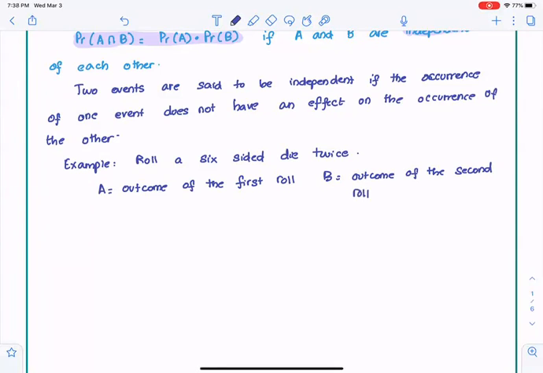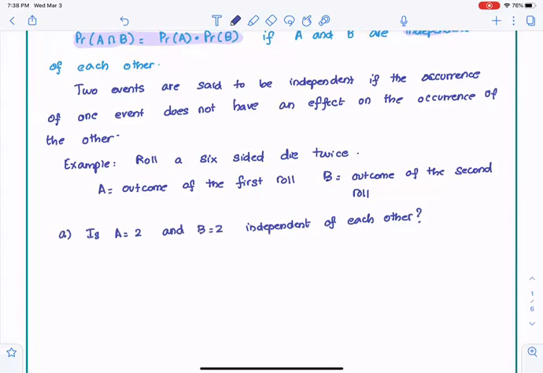We want to know if A and B are independent. Now I'll just specify the outcome when I write this probability. So is A equal to 2 and B equal to 2 independent of each other?